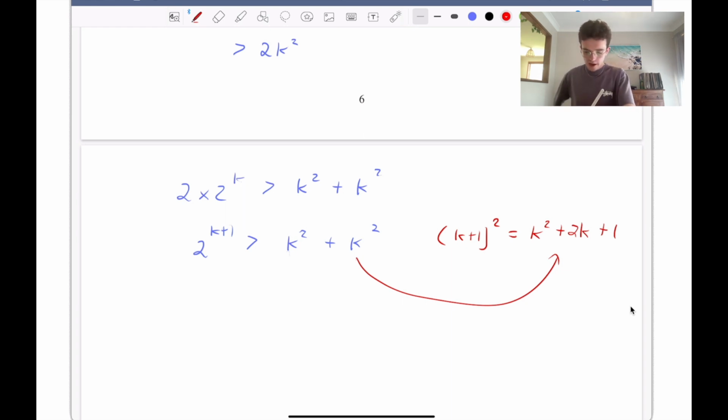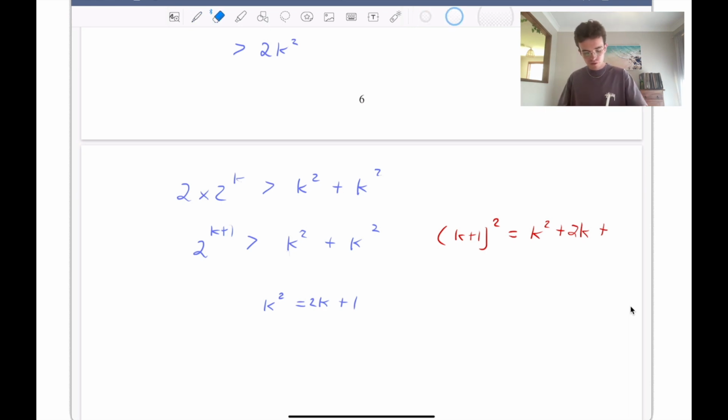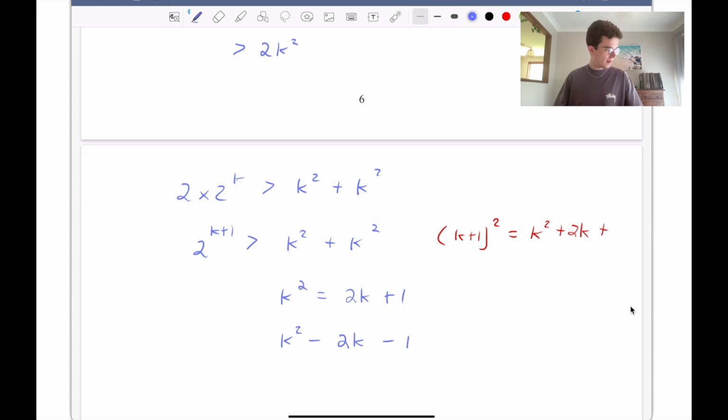Well, first of all, let's make k squared equal to 2k plus 1. So we want to get rid of k squared and replace it with 2k plus 1. So let's say, what if they are equal to each other? k squared is equal to 2k plus 1. Well, that's the quadratic k squared minus 2k minus 1.